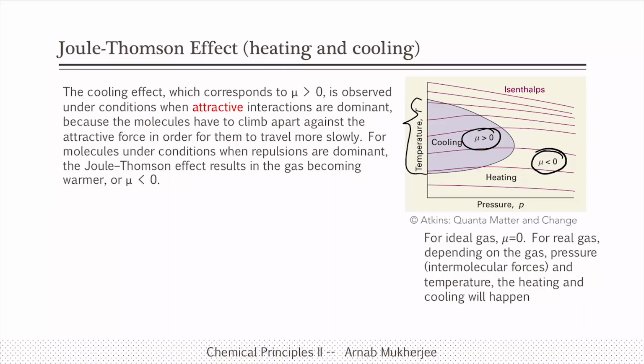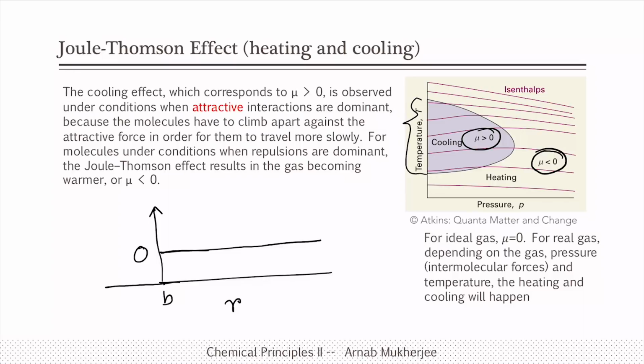Having B means your potential is 0 everywhere except at B and below, where it is infinity. This is the distance, okay. It is called the hard sphere potential.